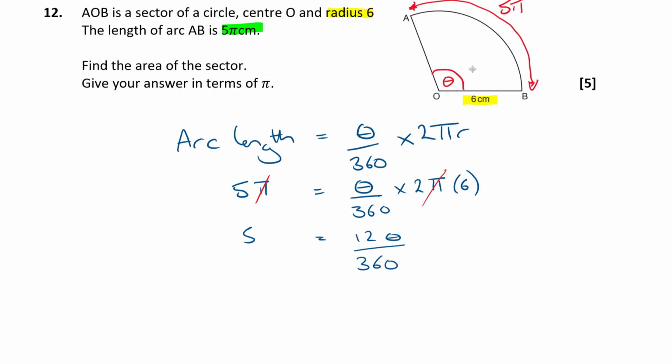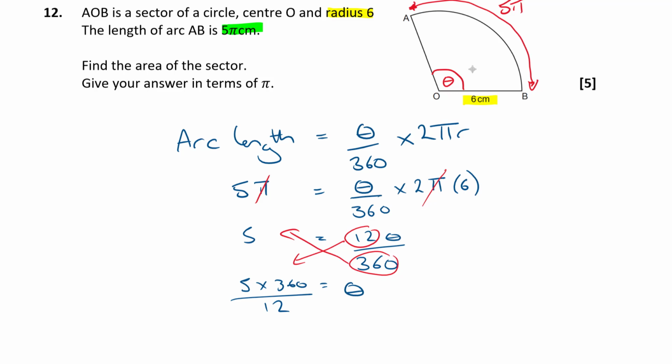We want to work out what the angle is. So let's cross multiply, times in both sides by 360. We'll move that 360 up there, and dividing both sides by 12, we'll move that 12 to the denominator on my other side. So I'm going to get 5 times 360 divided by 12 is equal to theta.